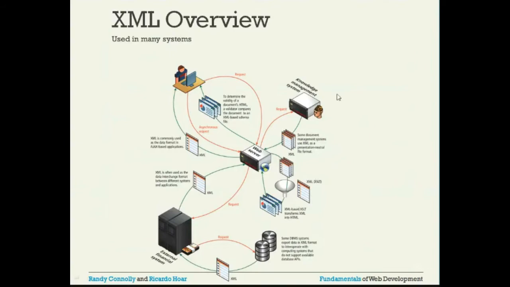So here is an example of different systems. This is a web server. There is a request from the user, and there is a response as XML. And this is a knowledge management system. Maybe some web services are requesting some information, and it is getting the response as XML.